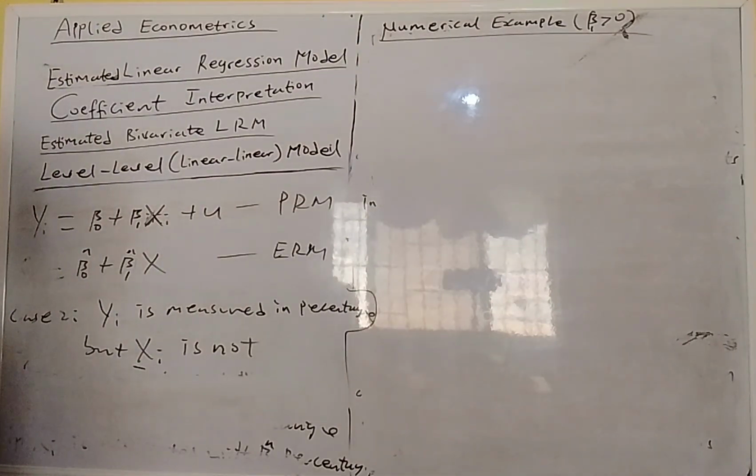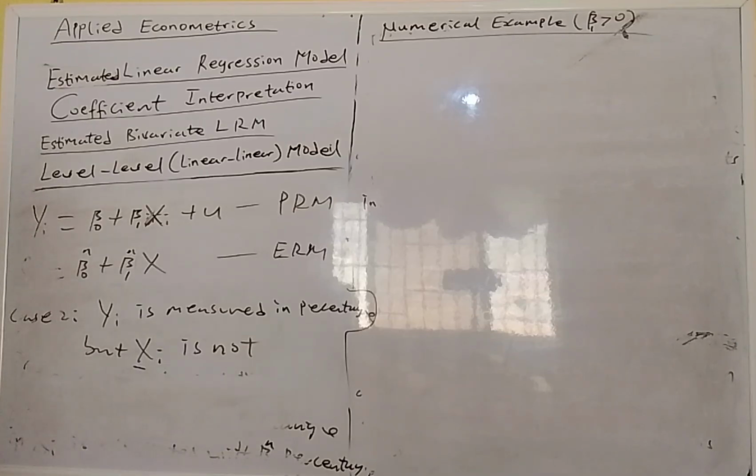So in this video, we want to continue our discussion on how to interpret the estimated regression model coefficients. We are still on a level, also known as linear model.